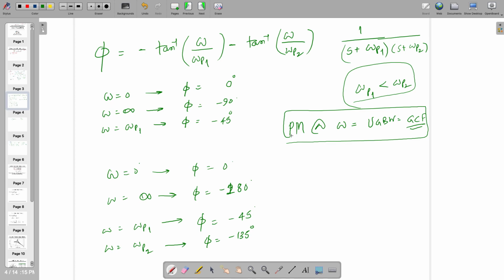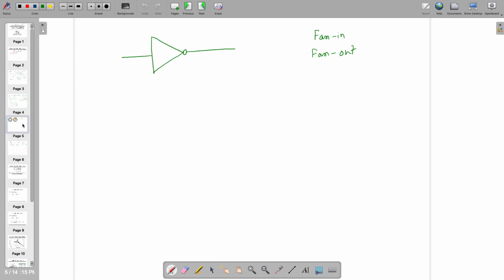Any doubt? Okay. So let's go to the thing which I was talking about, fan in and fan out, like answering two questions, one by Rohit and one by Divanshu. Do we understand loading effect, Gaurav?